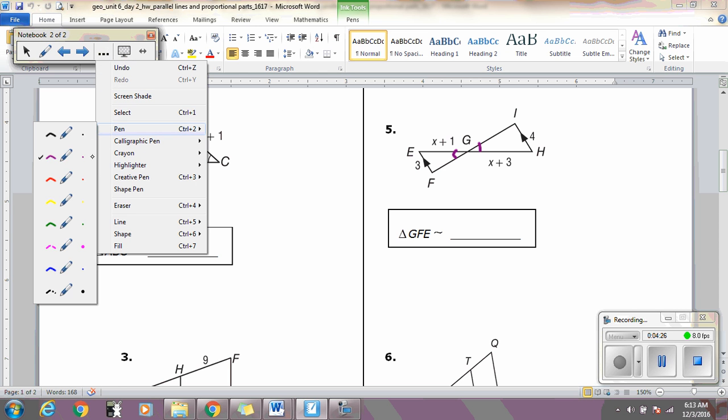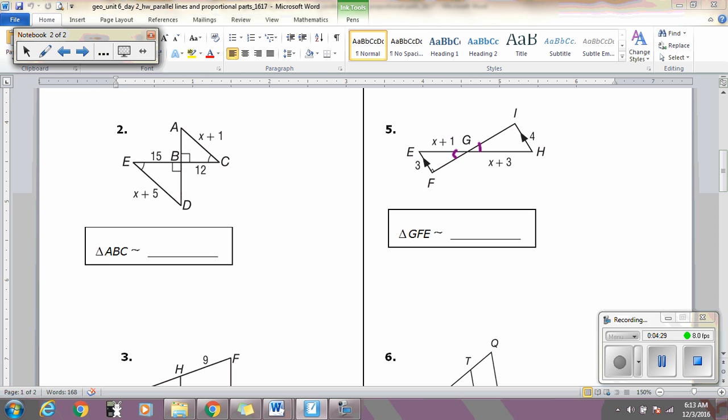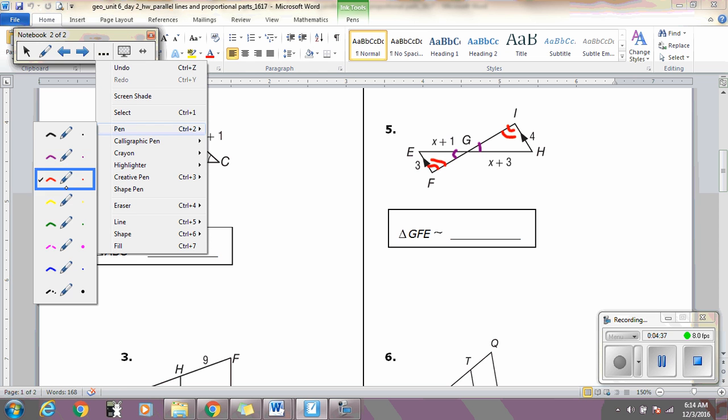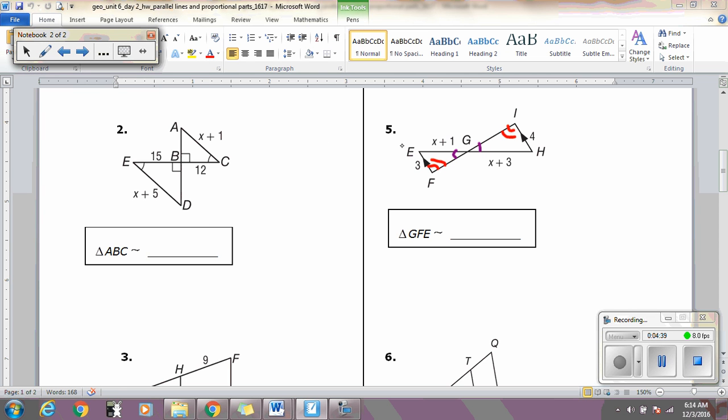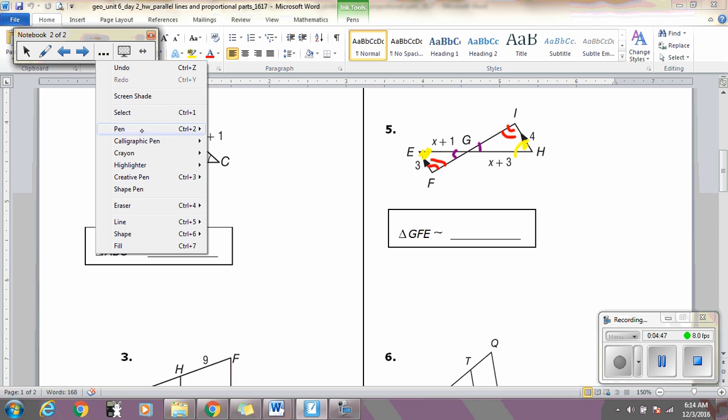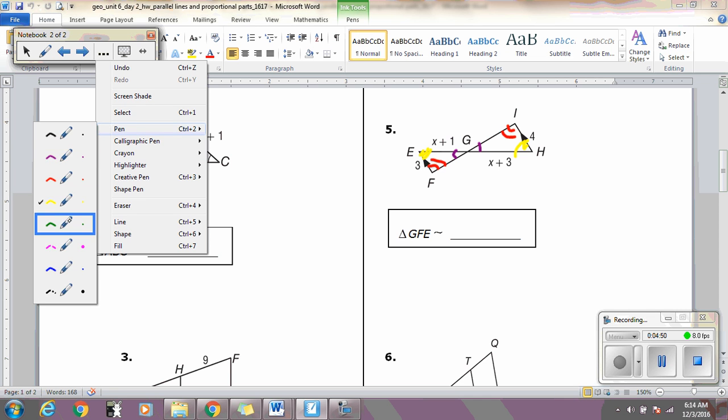And then alternate interior, F and I, as well as E with H. That was supposed to be 3 arcs, but I ran out of space.